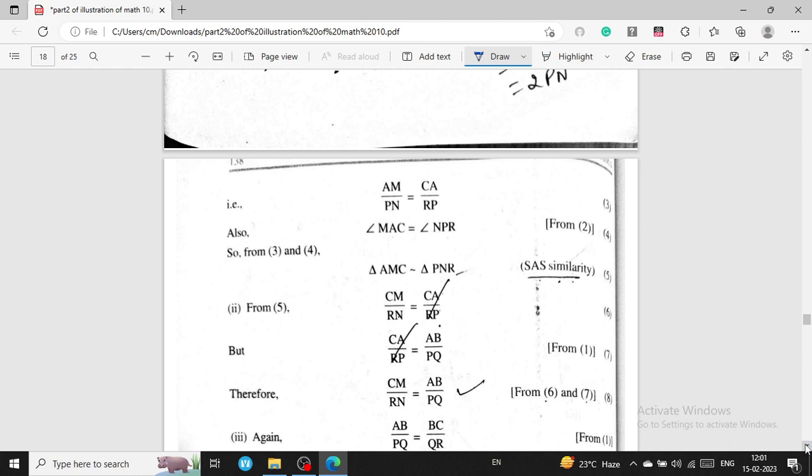If both angles are equal, then we can say that both triangles will be similar, meaning triangle AMC is similar to PNR according to SAS similarity, like this. Now we take CM over RN is equal to CA over RP.